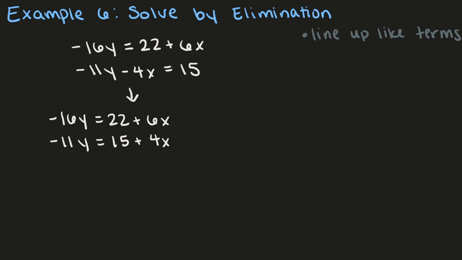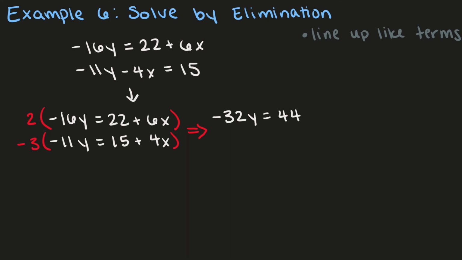In this case, we will have to multiply both of our equations by a constant in order to eliminate. Looking at 6x and 4x, our greatest common factor is 12, so we'll multiply our first equation by 2 and our second by 3. But we are going to multiply our second equation by negative 3 so that when we add, we eliminate that term.